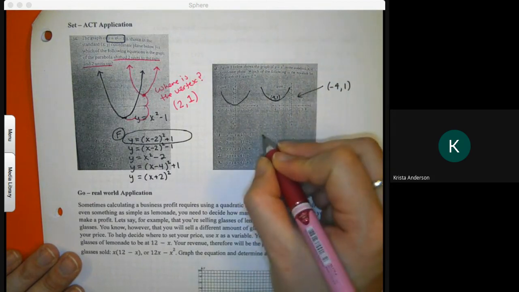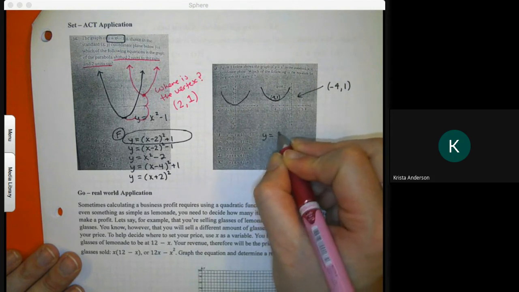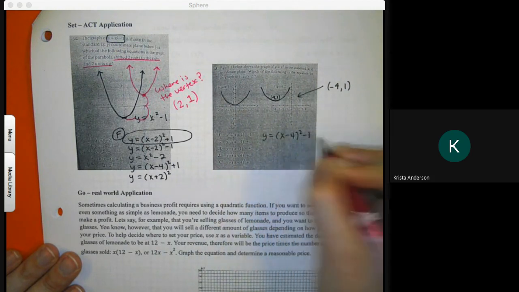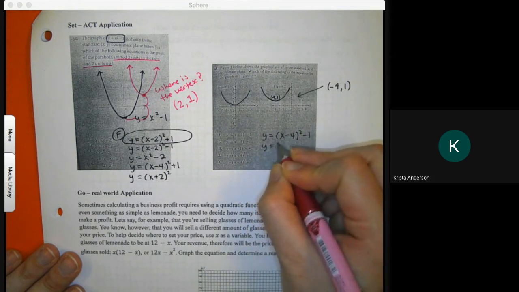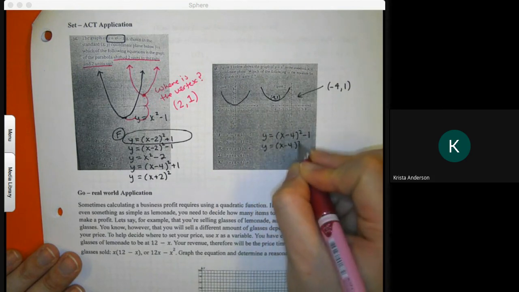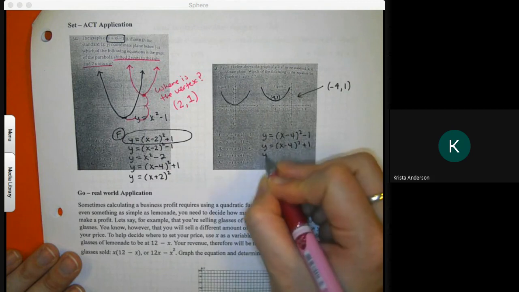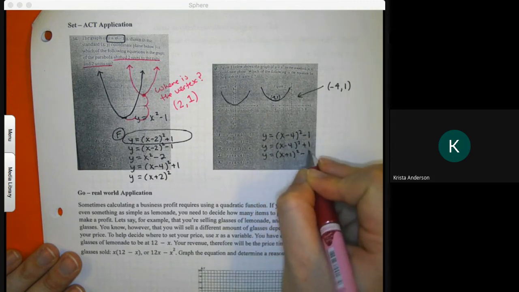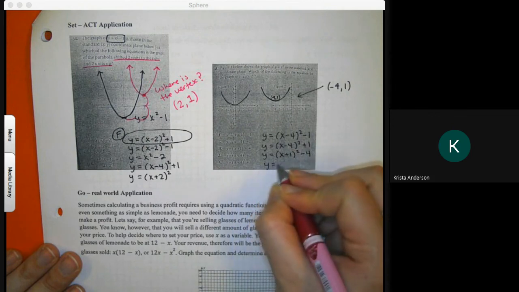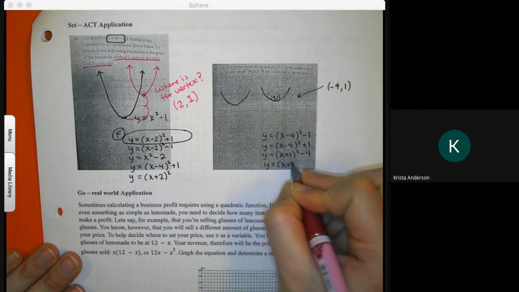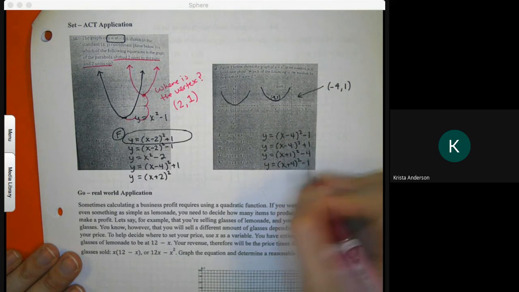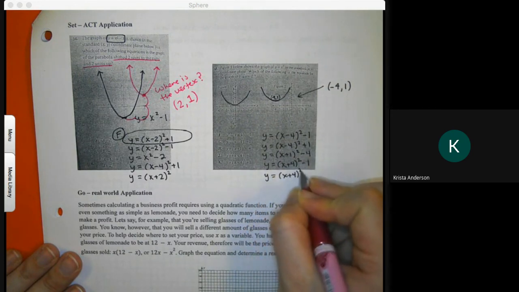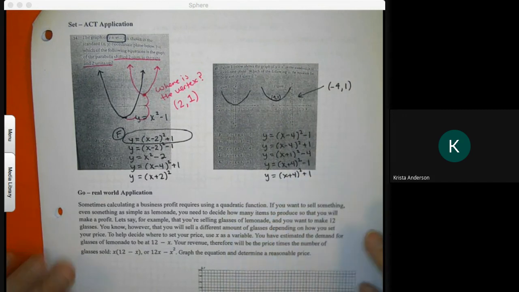And my equations say, those are my choices.